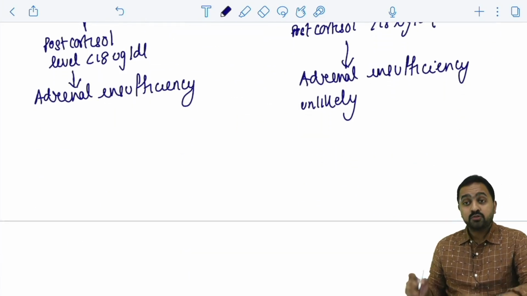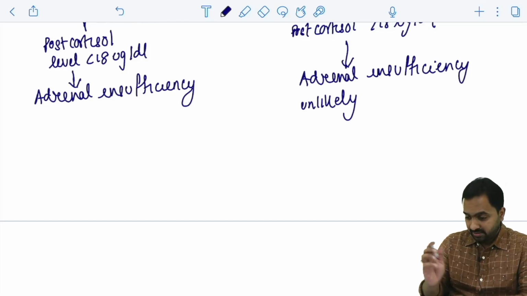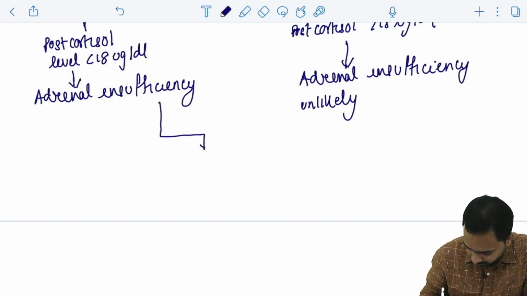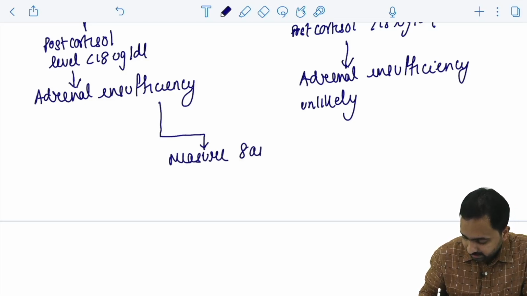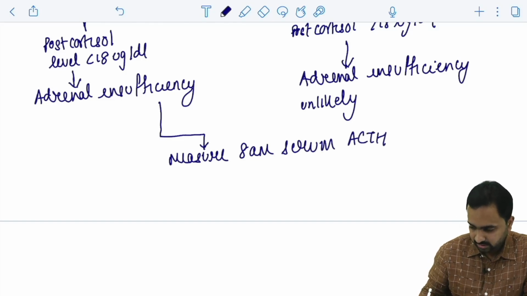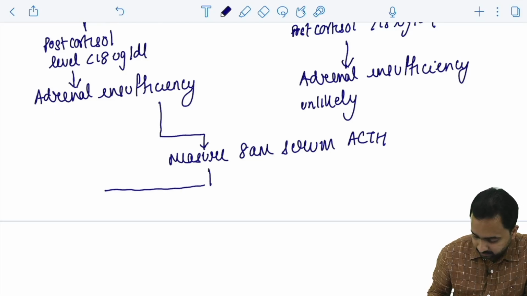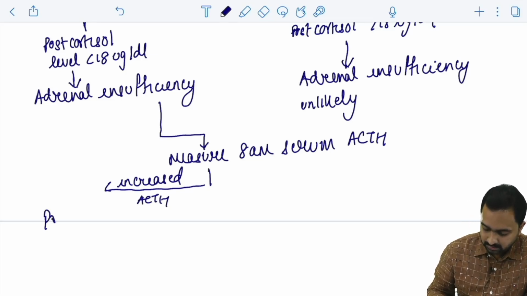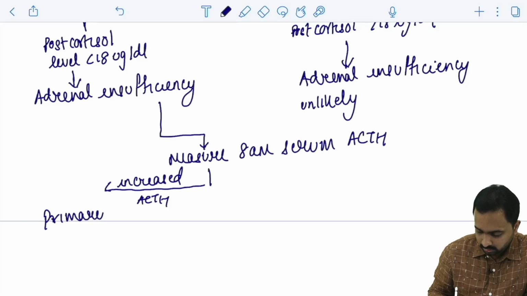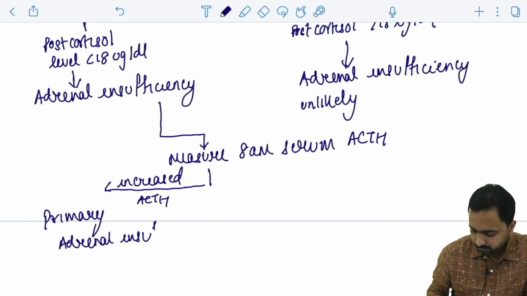Now, in order to find out whether it is primary or secondary, the next step would be to measure the 8 a.m. serum ACTH. If there is increased ACTH, that means it is a primary adrenal insufficiency.